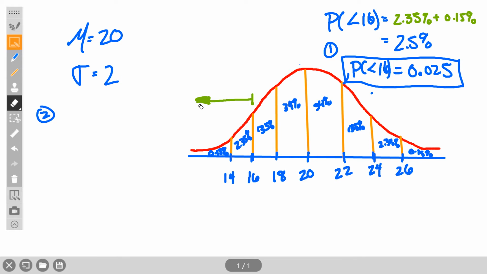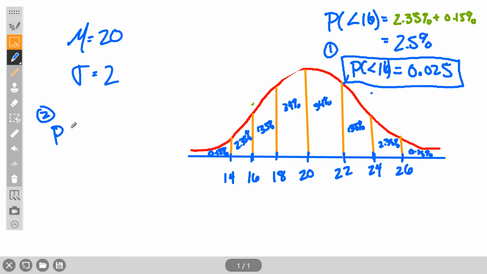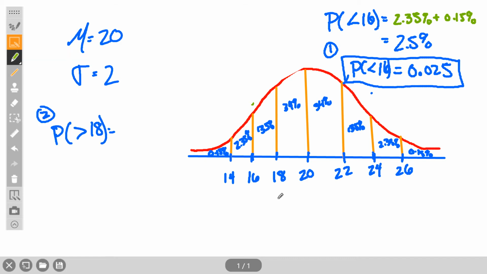Okay, so let's see what number 2 is asking us. Number 2, we want the probability that the weight is greater than 18 ounces. We just need to look at our chart and add up the probabilities that are to the right of 18. So that would be this one, this one, this one, this one, and this one. You need to add all of these together: 34% plus 34% plus 13.5 plus 2.35 plus 0.15.